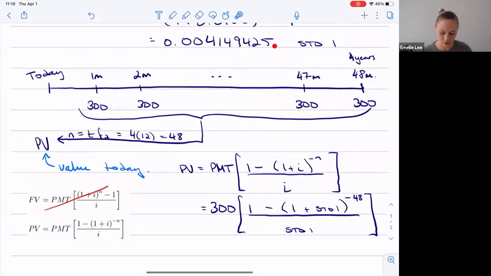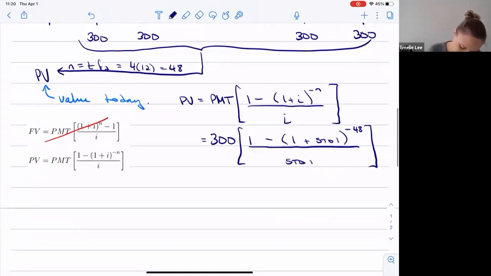Because you've told me that this value is in store 1, that's why you're able to say, okay, I'm not actually going to write that out. Or you can write it out, that's totally fine. Okay, so this is going to be the present value.